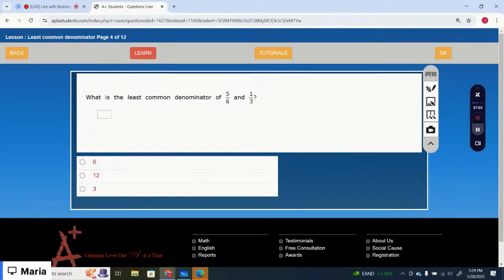What is the least common multiple of 5 by 6 and 1 by 3? So which is the correct option? That is 6. Option number 1 is the correct option.